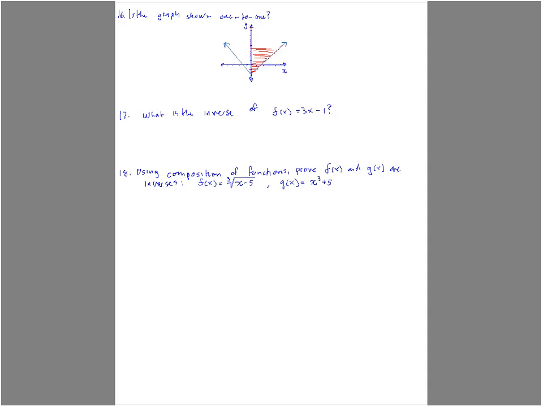Well, looking at the function, there are two x values that line up with each accepted y value in the function. That means it's not one-to-one.